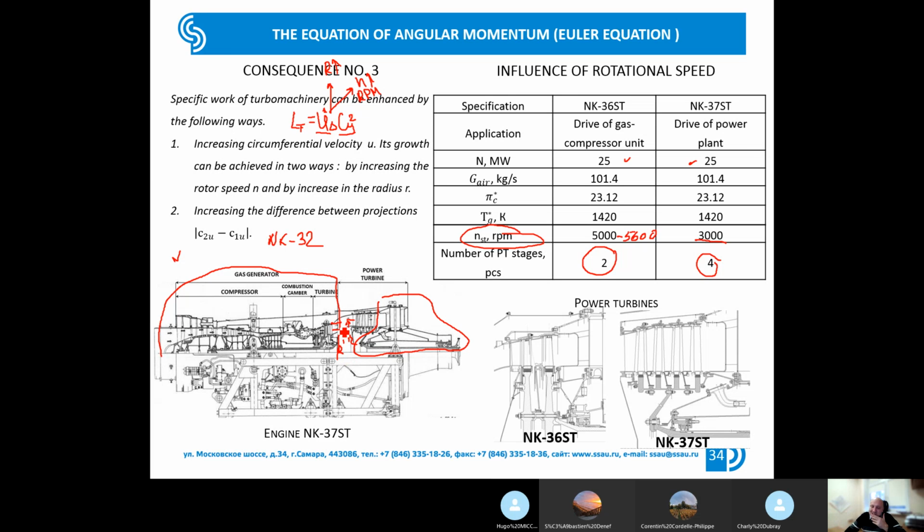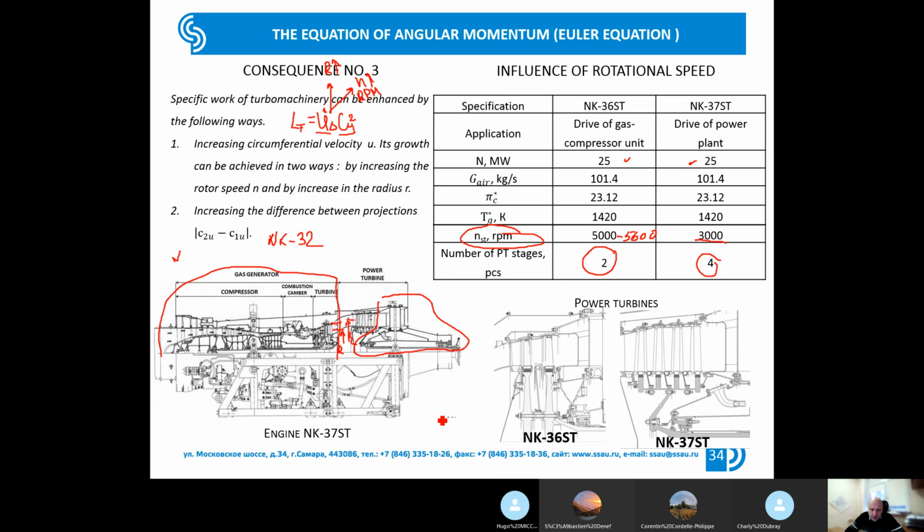That's why for the engines which are converted from aircraft application to ground application, it's really very typical that the free turbine has a large diameter. This is the main aim, to reduce the number of stages of the free turbine.